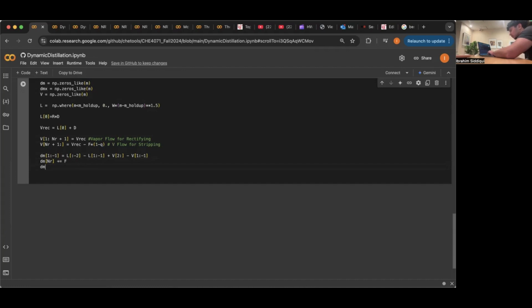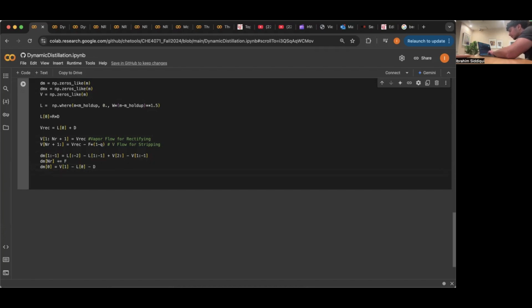Starting out, we're going to do this array initialize at our set of 0, so we can input our 0 value here and define this array. And this is going to be equal to V at our value of 1, and then minus our liquid at our value of 0 minus RD, our distillate.